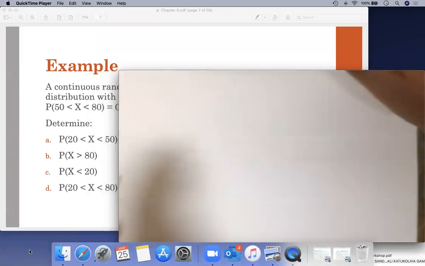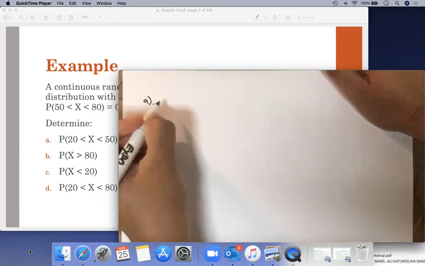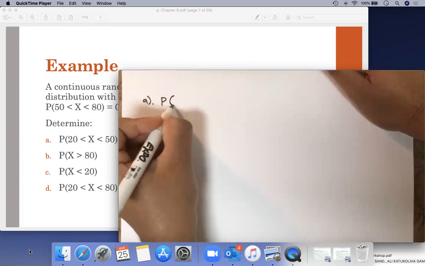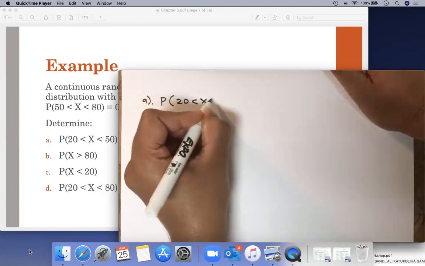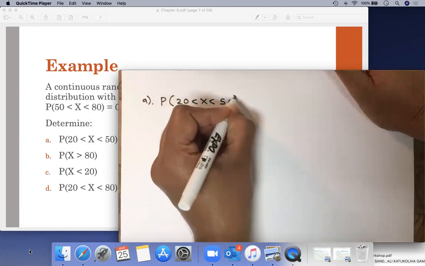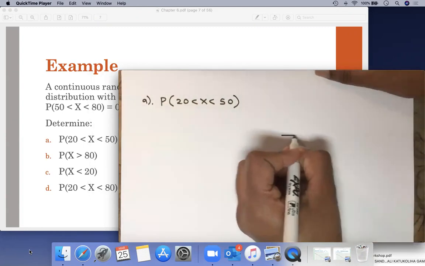Okay, here you have to find the probability of x values in between 20 and 50. So you can see the picture accordingly. I will draw the picture here.